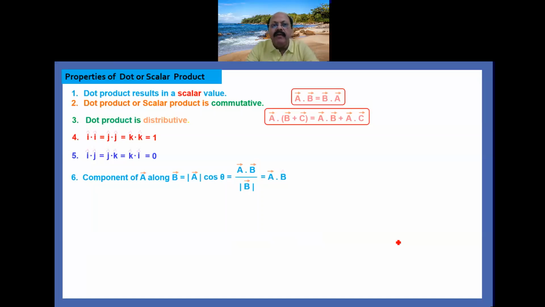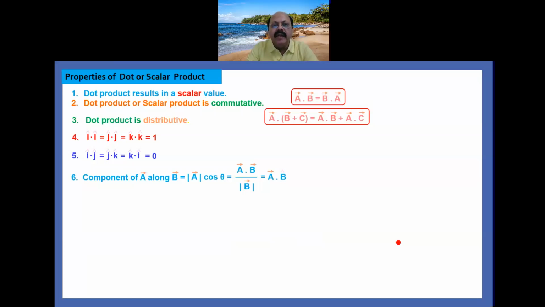Now the component of a vector along b vector, as you have seen in the diagram. When you resolve the vector A along the B vector, you will get the horizontal component of A vector, that is A cos theta, or you can write mod of A cos theta, which is equal to A vector dot B vector upon mod of B vector.